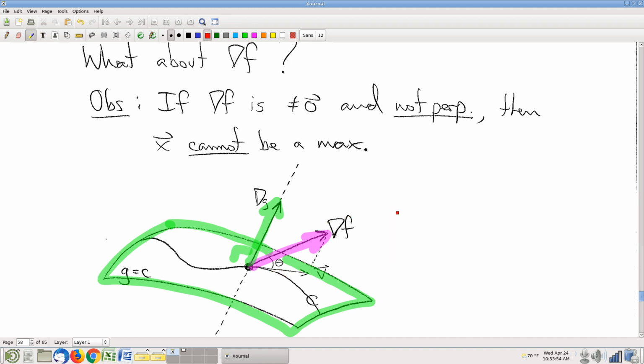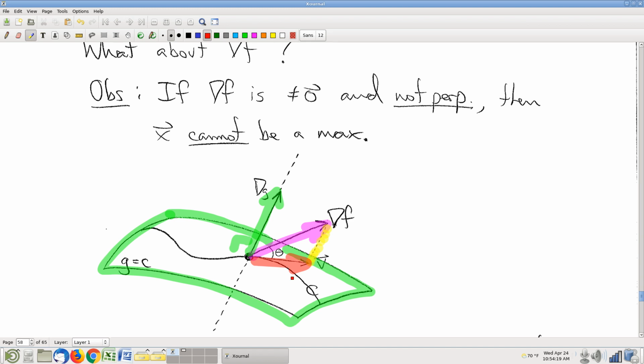What you can do, though, is drop a perpendicular and go in the direction of what you might call the shadow, so in the direction of the projection of the objective gradient. Take the gradient of f and go as much as you can in that direction, while still staying in the surface.